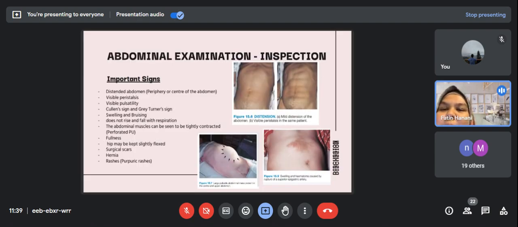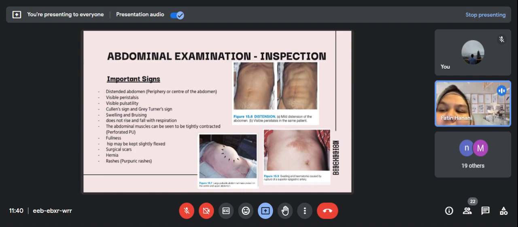For inspection, we may look for important signs such as a distended abdomen at the periphery or center, which may indicate constipation or ascites, and then any visible peristalsis that indicates intestinal obstruction, any visible pulsatility such as in a strangulated hernia or a triple A, and then Cullen and Grey Turner sign, which indicate internal hemorrhage.